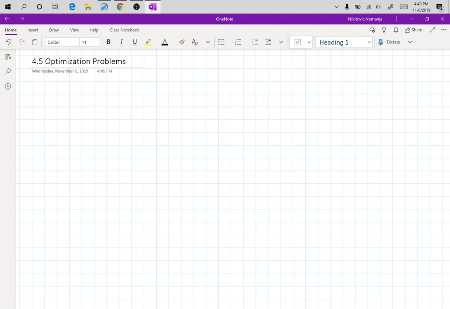We are interested in maximum profit, in minimum cost, in a whole bunch of different situations, and also engineering. So we want to use the concept of min-max that we learned in the first section and now work this into the situations that you run into as you are designing things or running businesses or whatever.